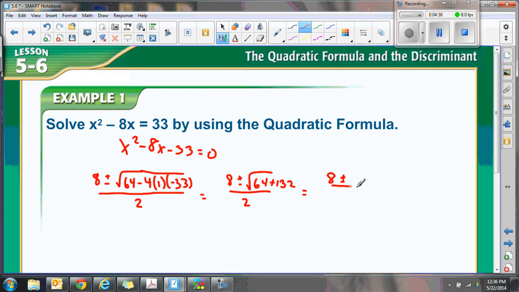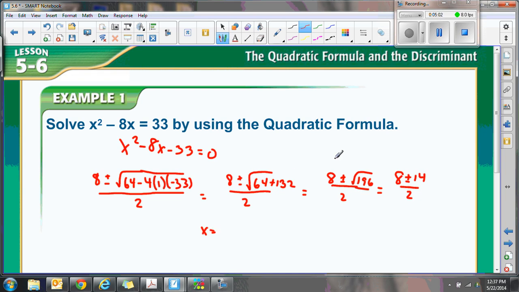Once I simplify, I can add those two numbers together, which gives me 196 underneath that radical sign. This happens to be a positive number, so I know I'm going to get two answers. But what's more impressive is that 196 actually is a perfect square, and that perfect square is 14.